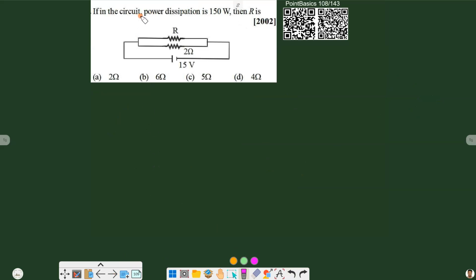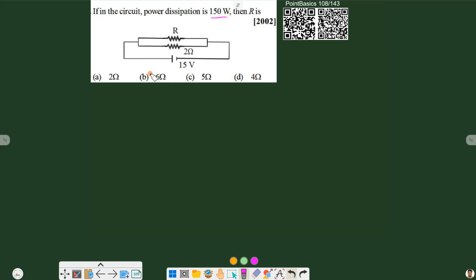If in the circuit power dissipation is 150 watt, then R is? Okay, so we have two resistances here. One is R and another one is 2. Both are in parallel, and as a whole they are consuming 150 watt.